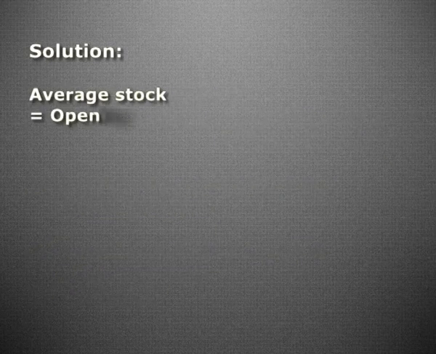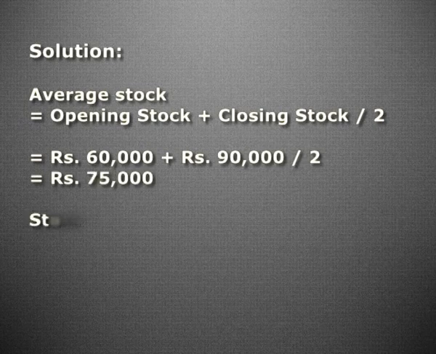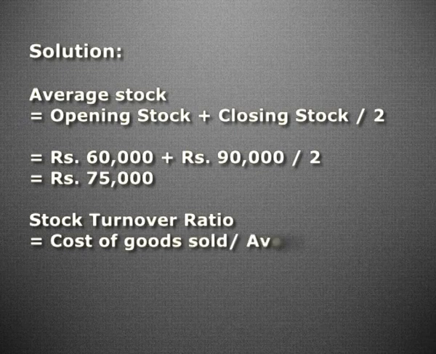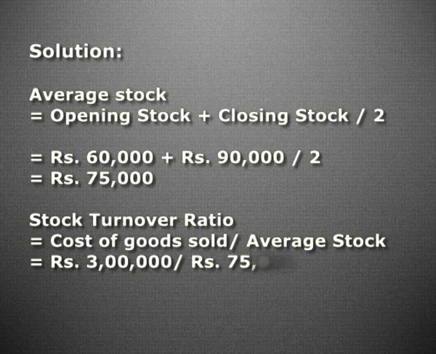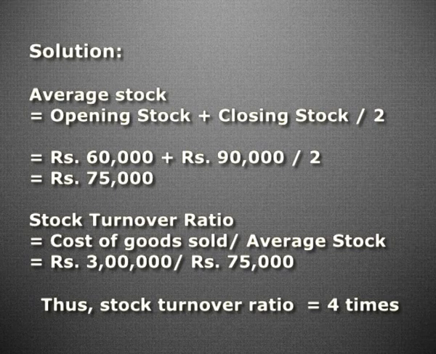Average stock is equal to opening stock plus closing stock divided by 2, which is equal to rupees 60,000 plus rupees 90,000 divided by 2, which is equal to rupees 75,000. Stock turnover ratio is cost of goods sold divided by average stock, which is equal to rupees 3 lakhs divided by 75,000. Thus, stock turnover ratio is 4 times.